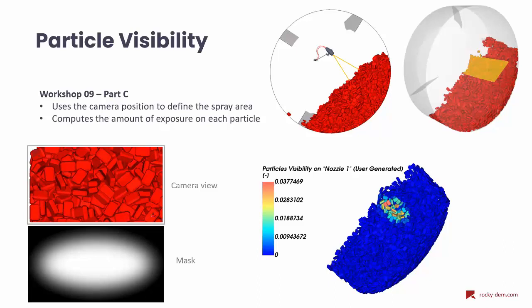So what this macro, this script, does is compute the amount of mass received by each particle based on a camera. So the particles that are facing the camera, as you can see here, will receive a certain amount of liquid coating that is proportional to the exposure of that particle to the camera view.